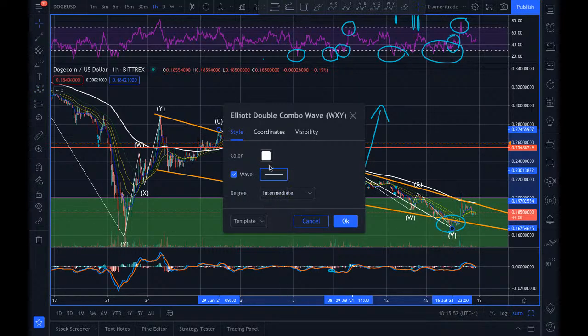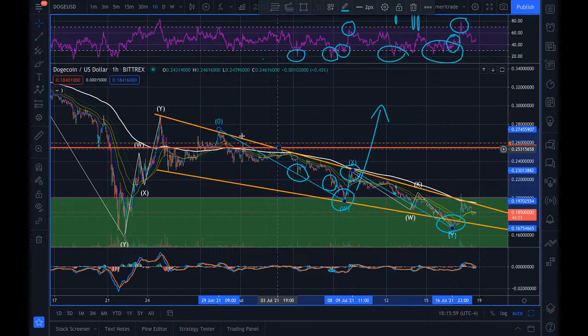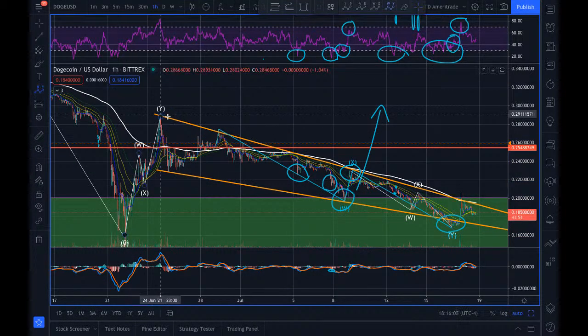Let me make this a different color. So this wave coming down was a larger 3 wave, and then this whole thing was, oh, now I see something differently.